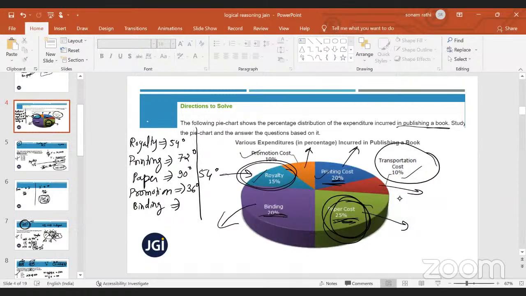And binding, 360 by 100 into 20. That is 72. Correct? We got all the degrees in front of us. Yes or no? Everything. Royalty, printing, paper, promotion, and binding. Correct? Yes, everything we got now.